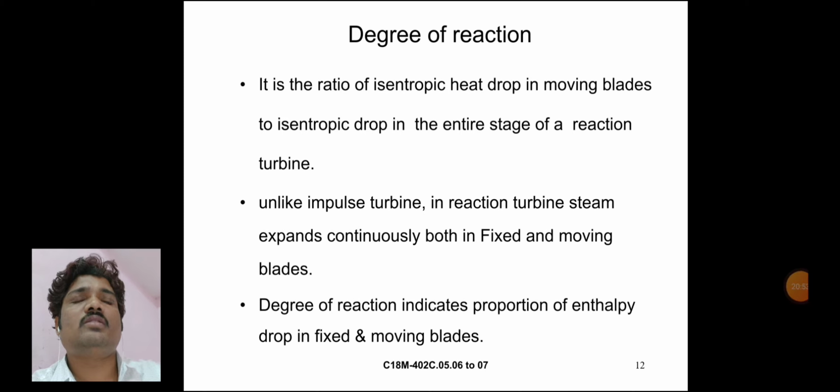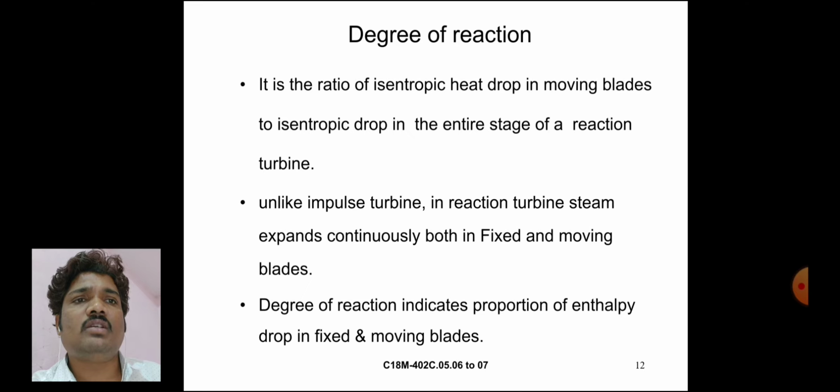Degree of reaction. Next we discuss the degree of reaction. It is the ratio of isentropic heat drop in moving blades to isentropic drop in the entire stage of a reaction turbine.